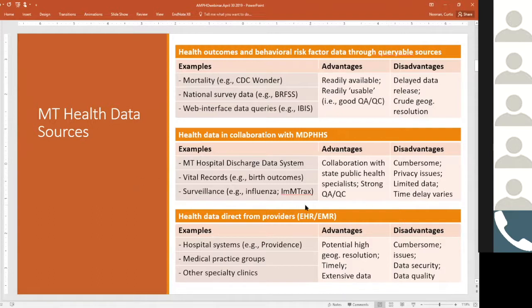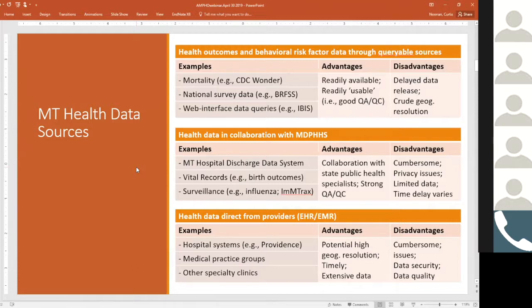The second area is health data that's in collaboration with our state health agency, the Montana Department of Public Health and Human Services. Some examples here are things like our Montana Hospital Discharge Data System, vital records, and surveillance data such as the influenza surveillance program, or the MTRACS data set, which is the state-based immunization tracking system.